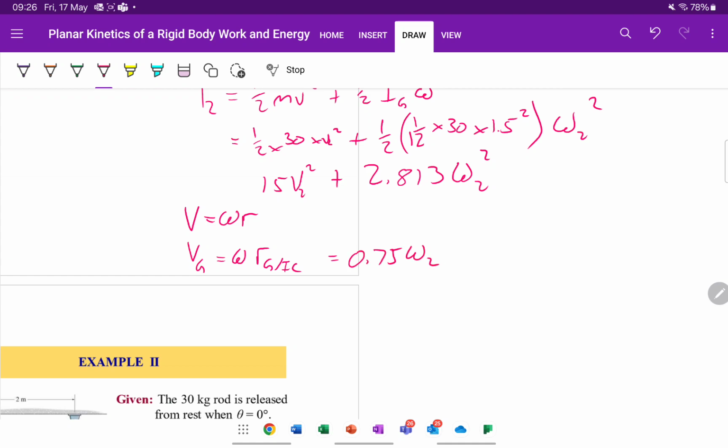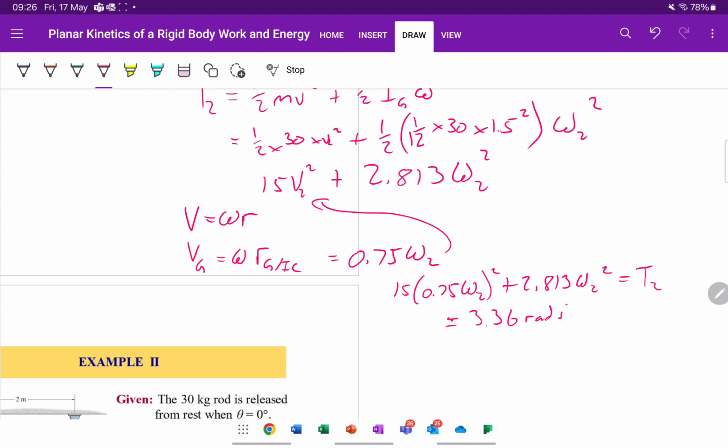And I can substitute that into my equation above. So I can say that 15 lots of 0.75 omega 2 squared plus 2.813 omega 2 squared is equal to T2.